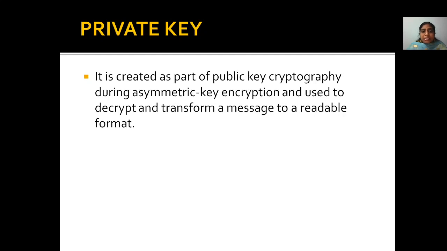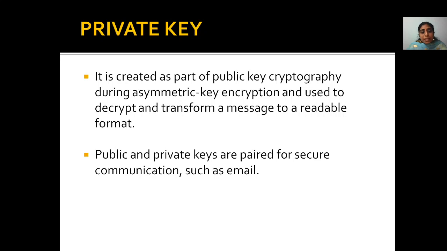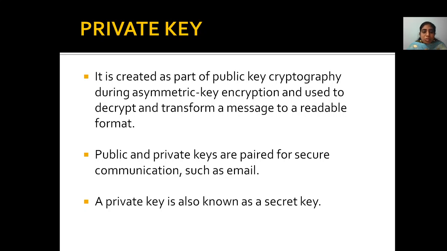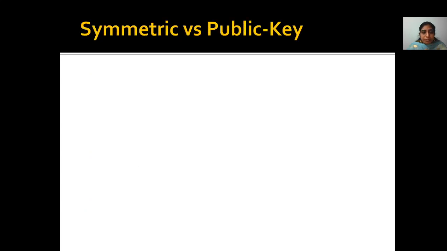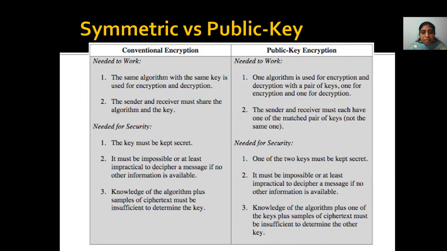The private key is created as part of public key cryptography and is used to decrypt the transformed message to a readable format. Public and private keys are paired for secure communication such as email, and the private key is also known as a secret key.